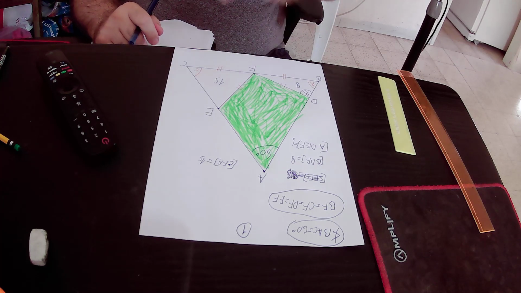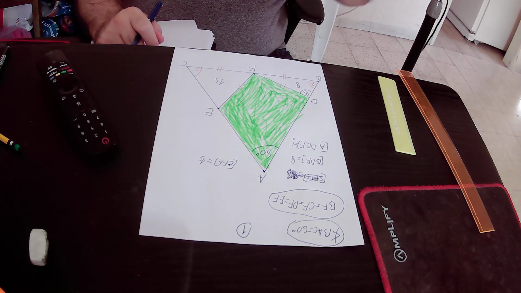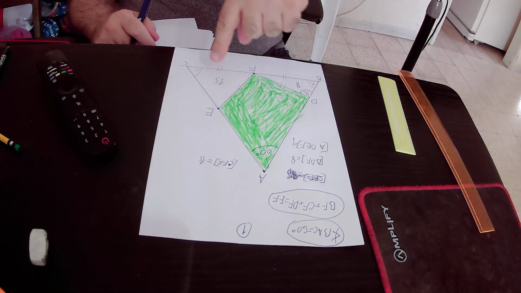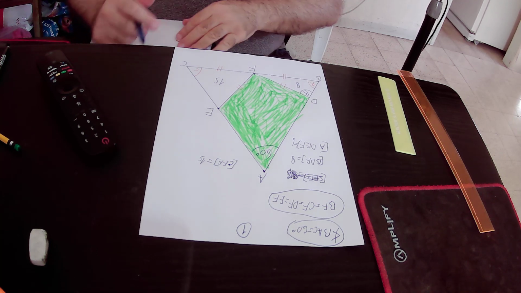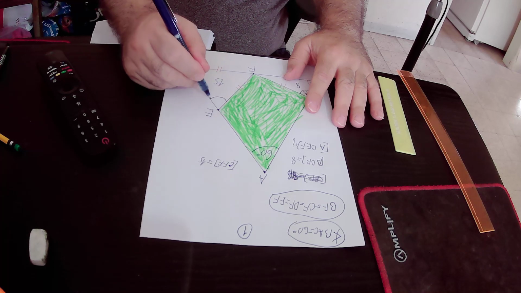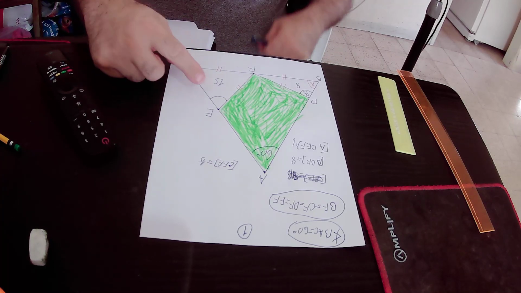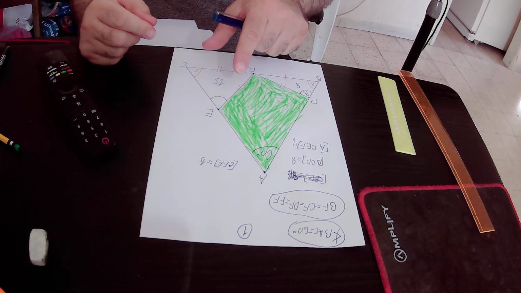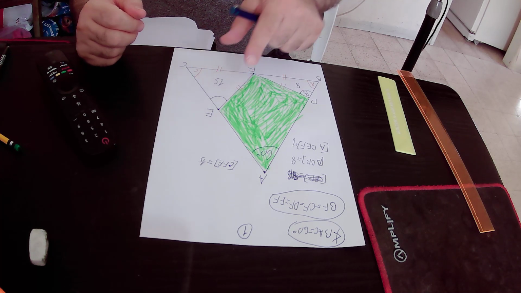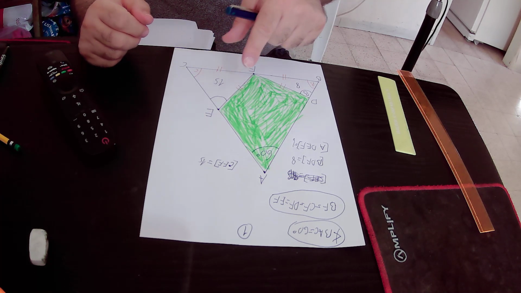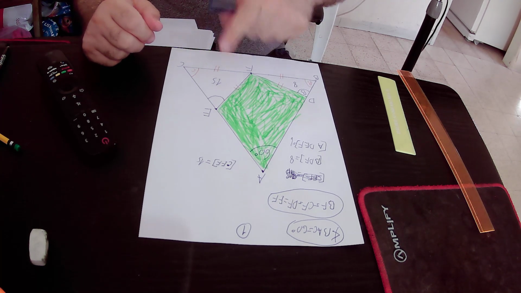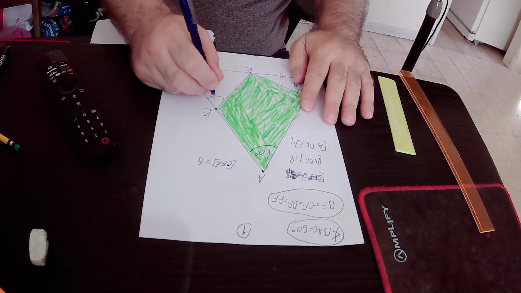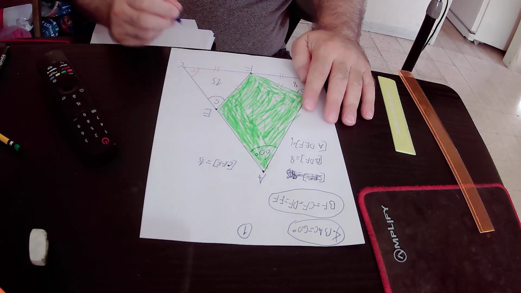Those two sides are equal to each other, and in front of FE we have angle C. So in front of FC we have angle FEC. So those two angles are located in front of equal sides, therefore they must be equal to each other. Therefore, if this angle is C, this angle must be also equal to C.